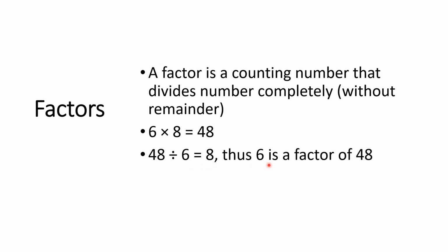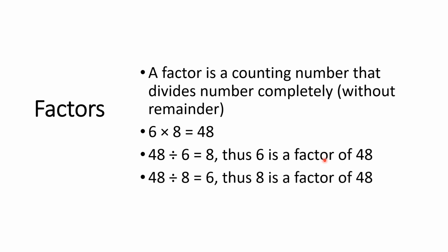Yes, it means 6 is a factor of 48. And why is it a factor of 48? Because when 6 divides 48, there is no remainder. In a similar way, 8 is also a factor of 48 because 48 divided by 8 equals 6.